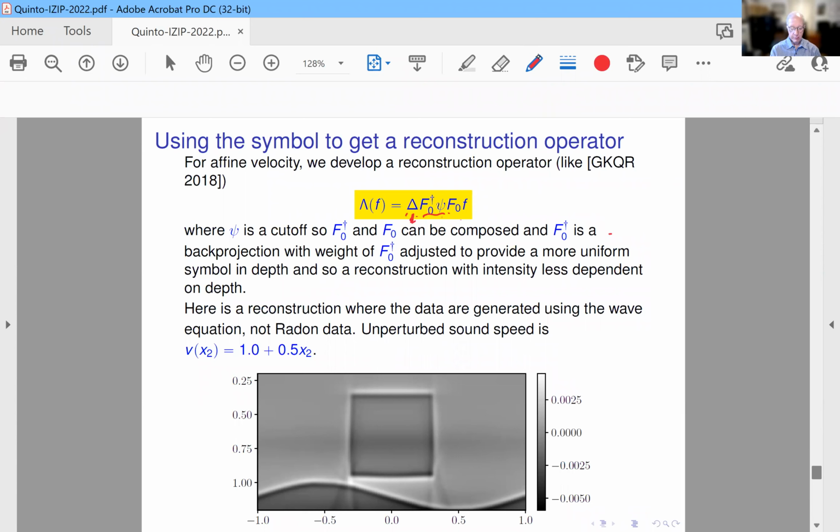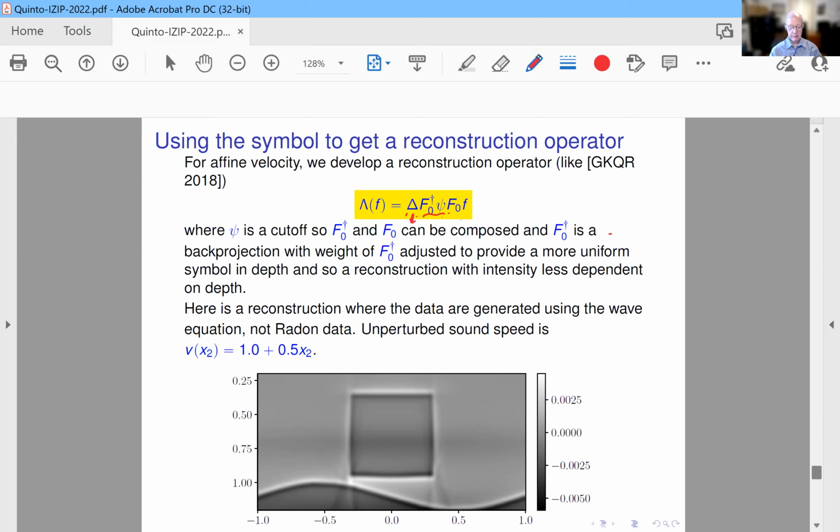F0 dagger is a back projection with weight adjusted to provide more uniform symbol of this gamma in depth. So in other words, we actually did calculate roughly the symbol of this gamma operator and adjusted the weight of the back projection so that the symbol was more uniform.